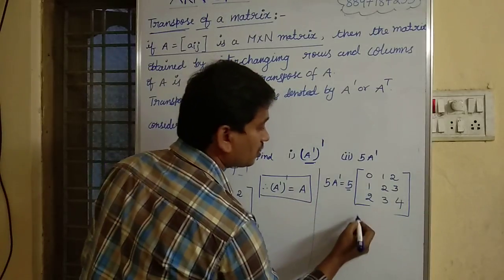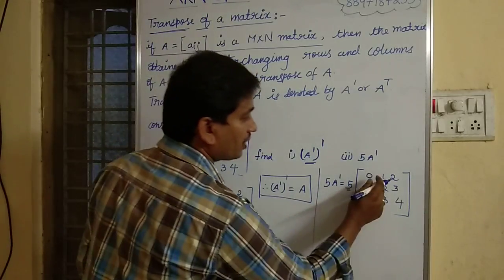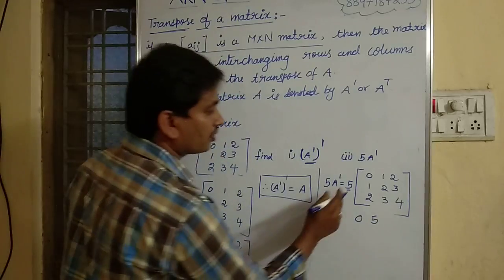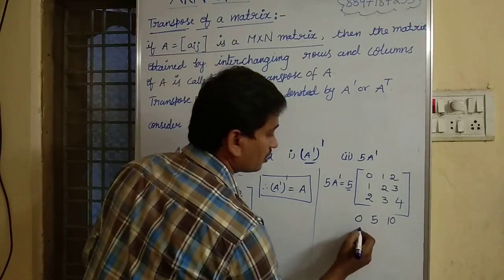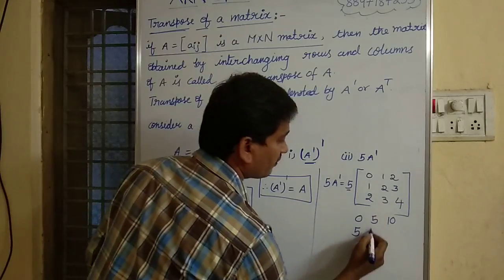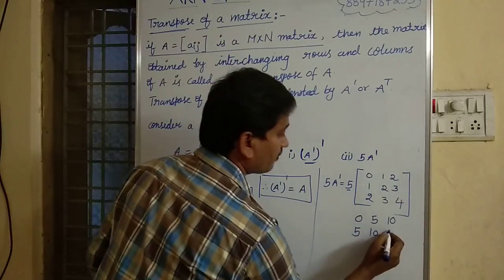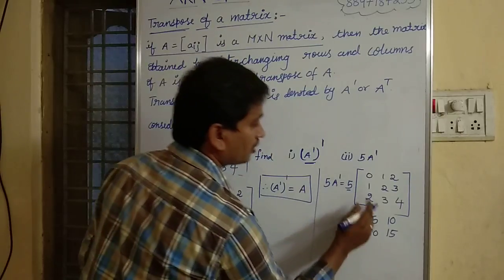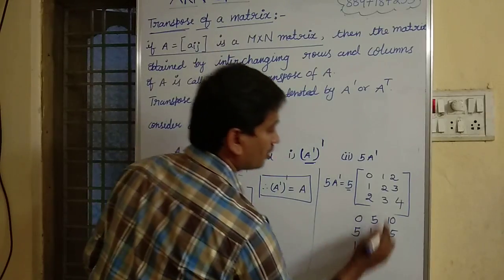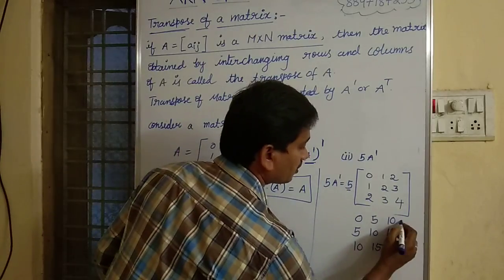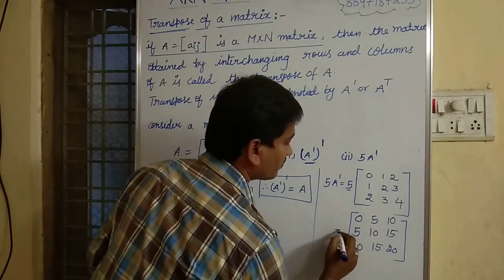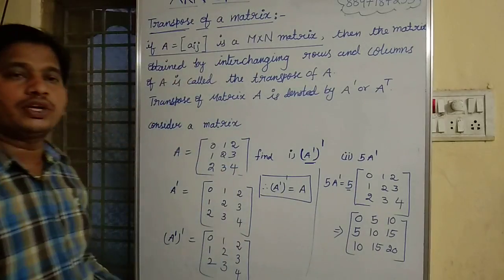I mean 5 into 0 is 0, 5 into 1 is 5, 5 into 2 is 10, 5 into 1 is 5, 5 into 2 is 10, 5 into 3 is 15, 5 into 2 is 10, 5 into 3 is 15, 5 into 4 is 20. In this way, we can find 5 into A dash.